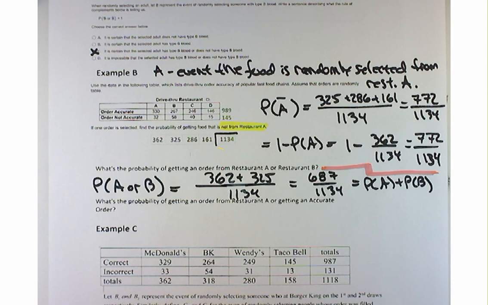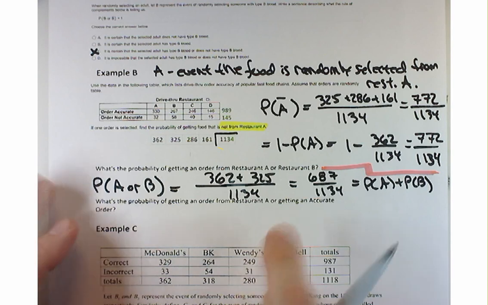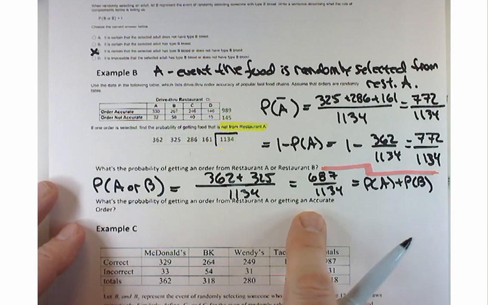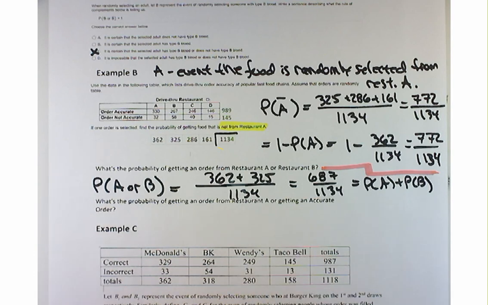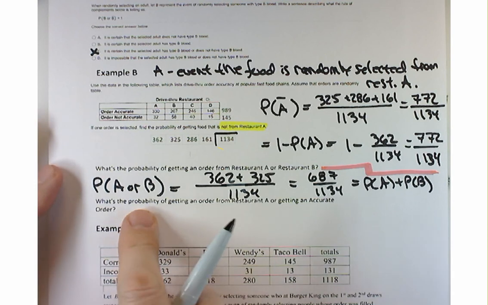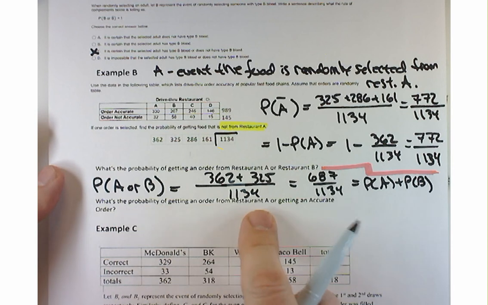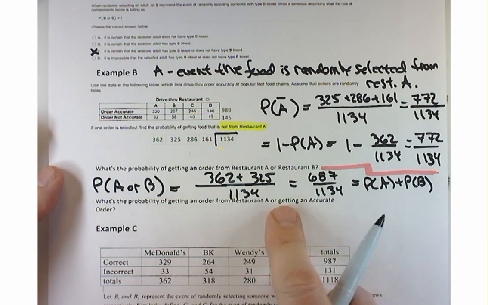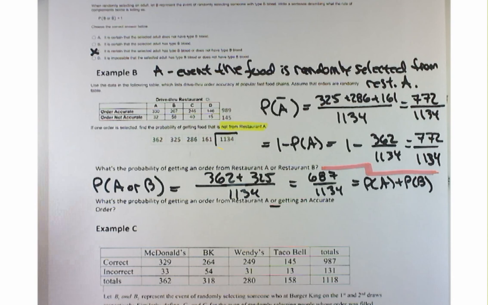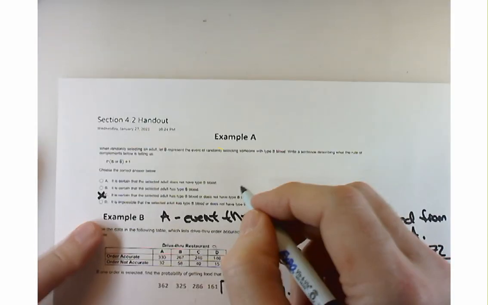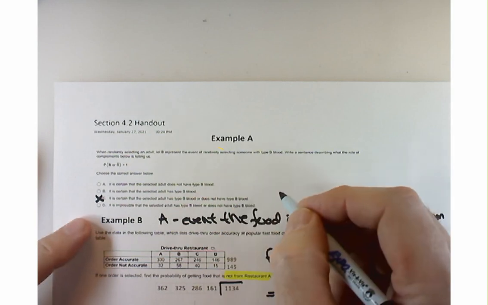Now I need some more notation here. What's the probability of getting an order from restaurant A or getting an accurate order? So if they get an accurate order, they got it right.